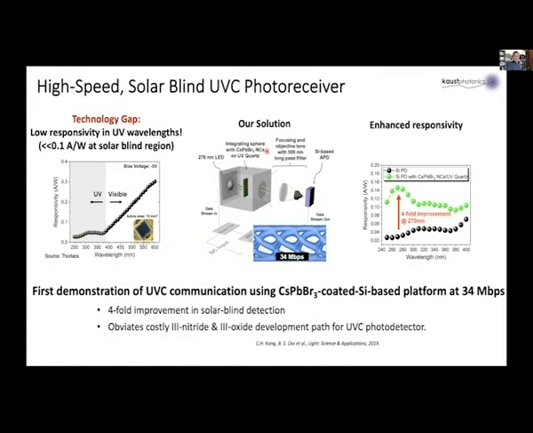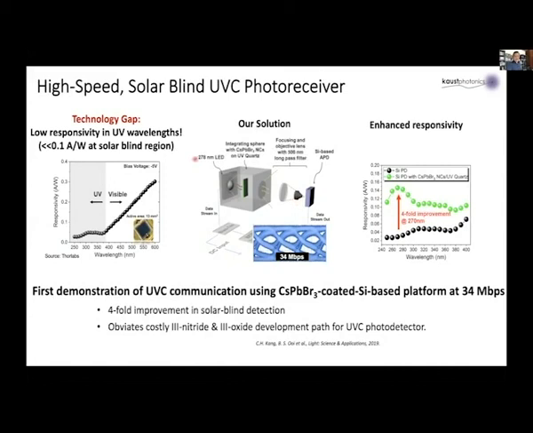So in our case, we add a light converting material, cesium lead bromide based nanocrystal, which has a very, very fast response, so that we are able to convert the light into green light. Doing so, we'll be able to increase the responsivity in the UVC wavelength, and also be able to use a standard off-the-shelf APD for very high speed detection.